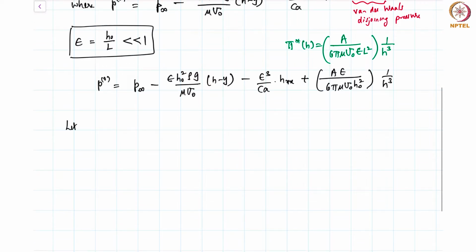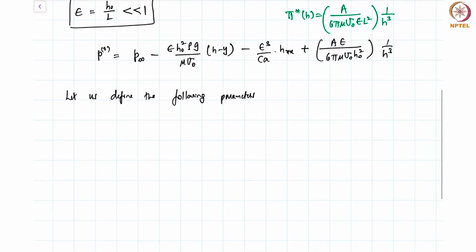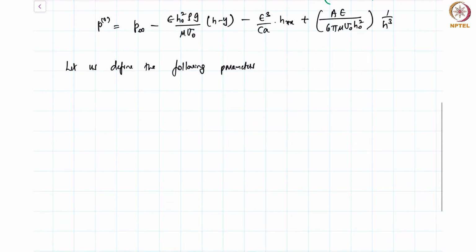So let us define the following parameters. These parameters will help us to write this equation in a simpler compact form. We'll define a gravity parameter, G bar, which is epsilon times G, where this G is rho g H0 square by mu U0.